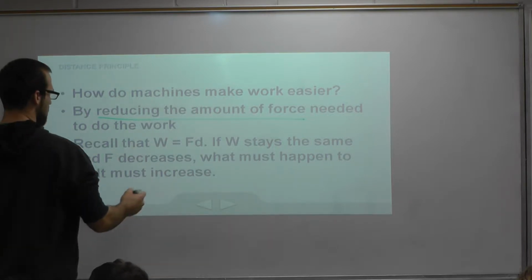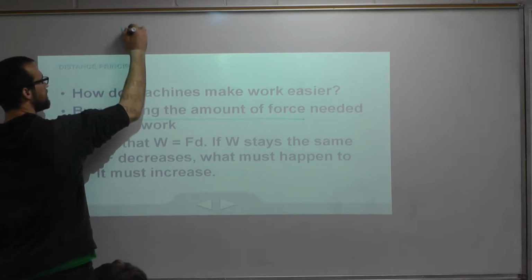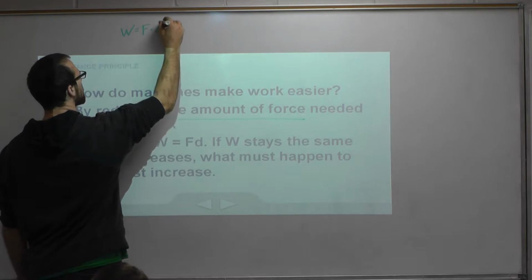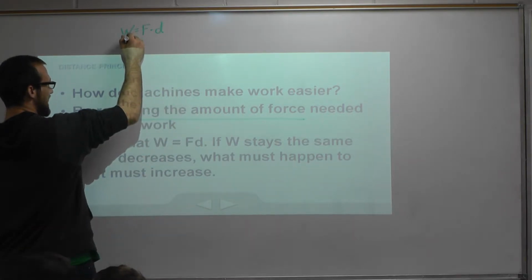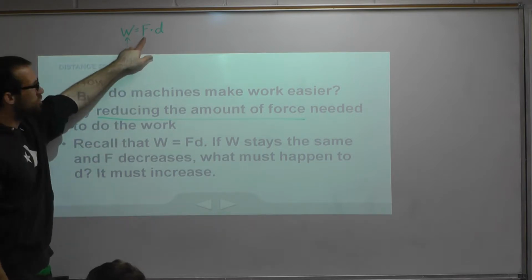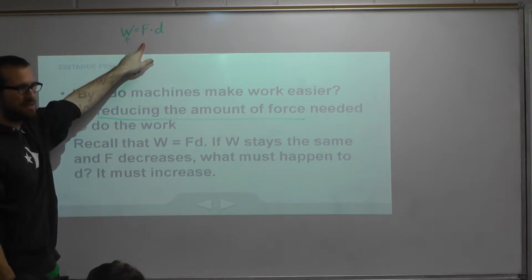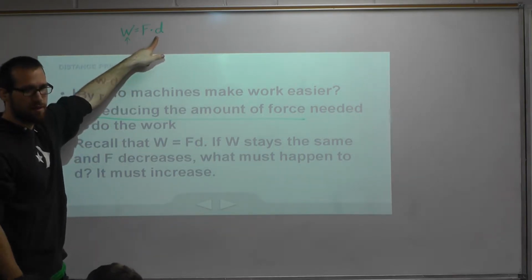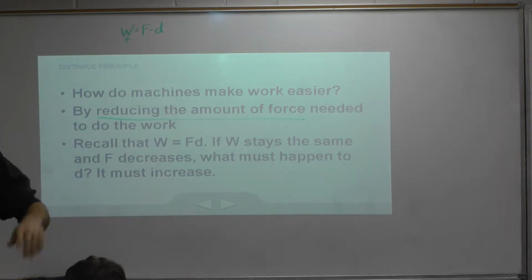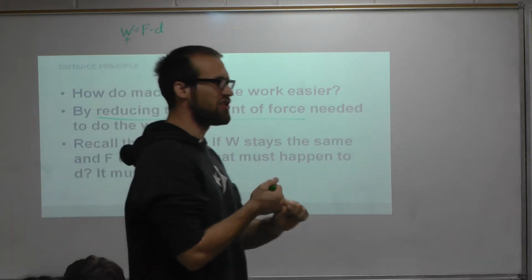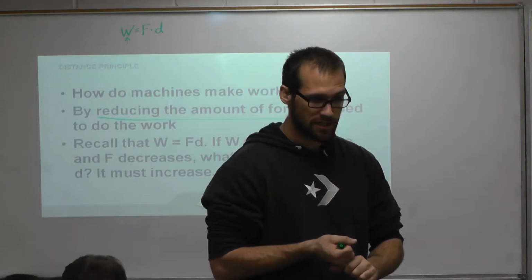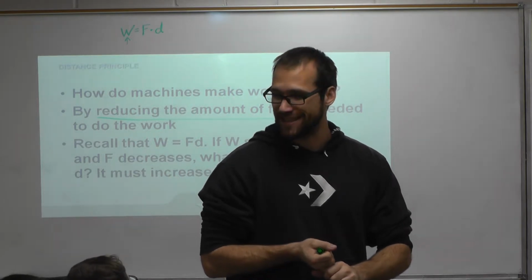Well, let's recall and look at this equation. If this is a constant and never changes, if the force goes down, what has to be true about the distance? It must go up. So, a simple machine can reduce the force by doing that force over a longer distance.